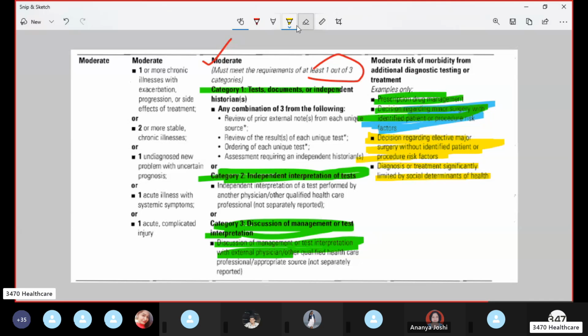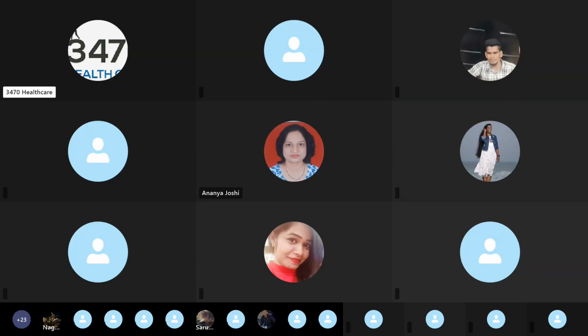This is a rare scenario. It definitely won't come, no need of this. But the important one is prescription. You can remember: prescription present, moderate. Minor surgery with risk, moderate. Major surgery, then it is moderate. These points you can remember. These all are the moderate points.